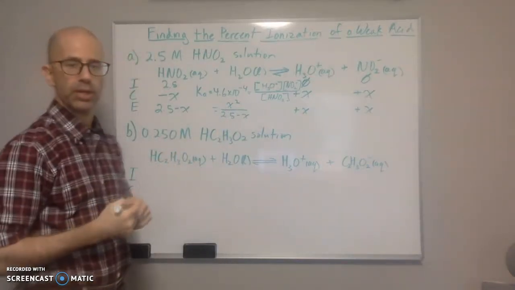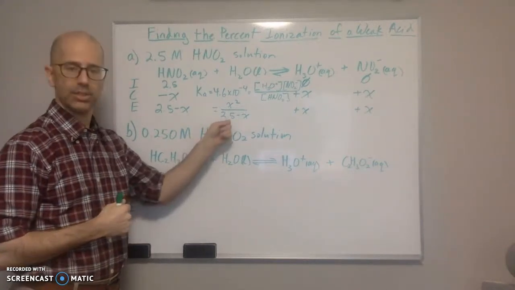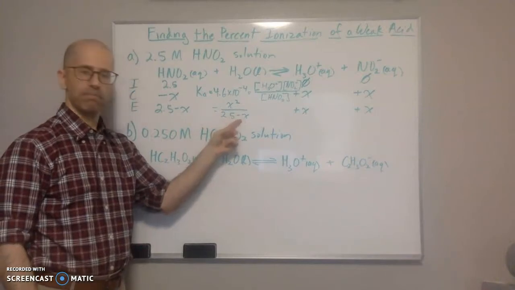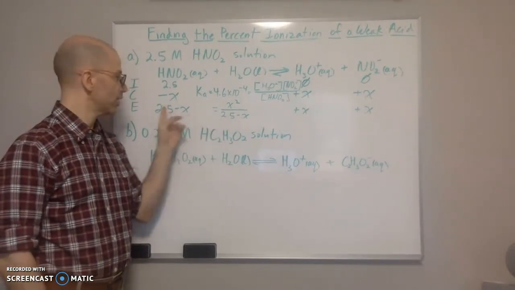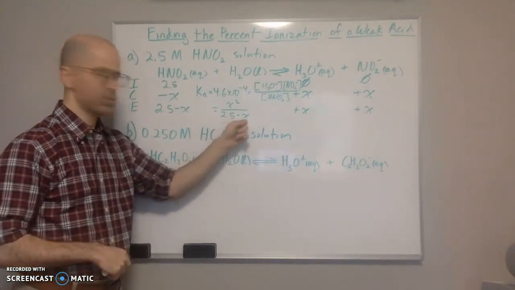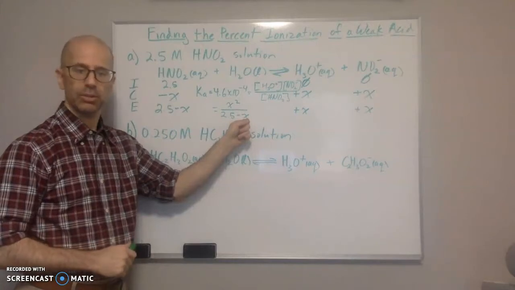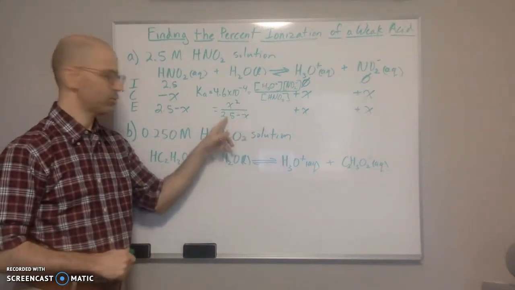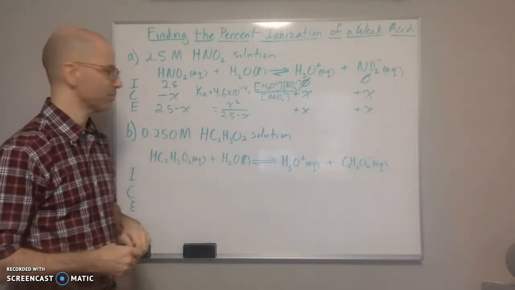And so at this point we can do the X is too small approximation, which basically is, again, we're assuming that this acid doesn't really dissociate all that much, such that the amount that does dissociate is negligible. So that way, even if we subtract out that certain amount from 2.5, it's still practically 2.5.